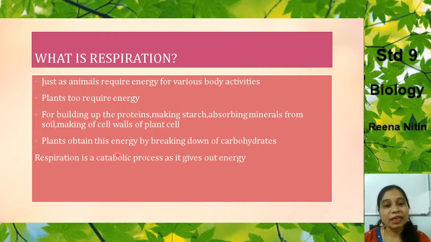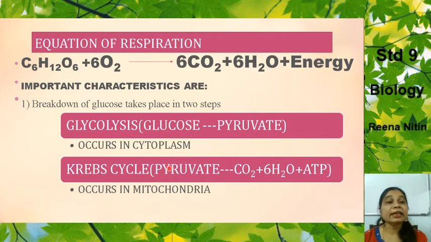Plants obtain this energy by breaking down carbohydrates. From where do these carbohydrates come? They come from the process of photosynthesis, one of its products. Respiration is a catabolic process and it gives out energy. The next slide is about the equation for respiration. You have studied this in your lower classes.